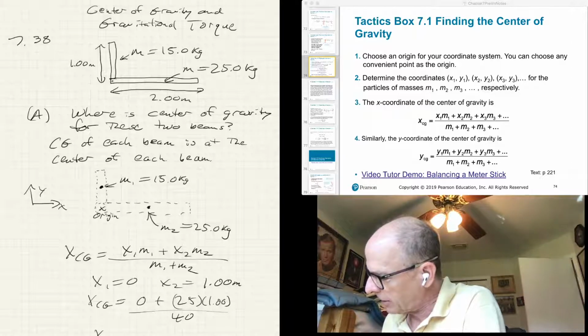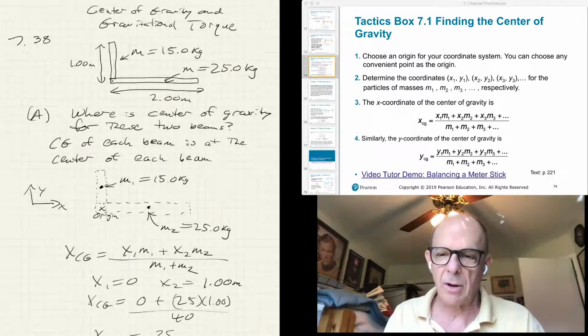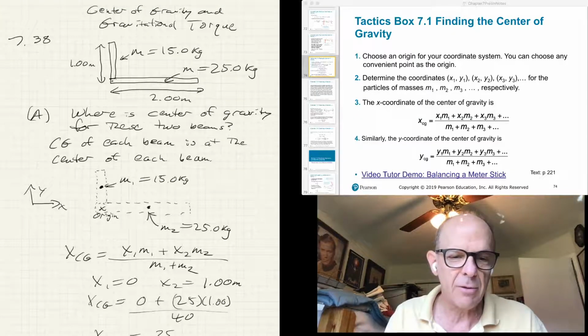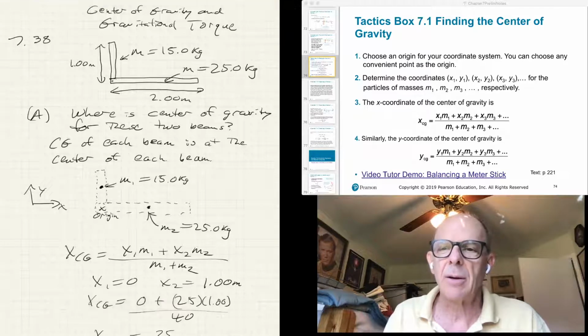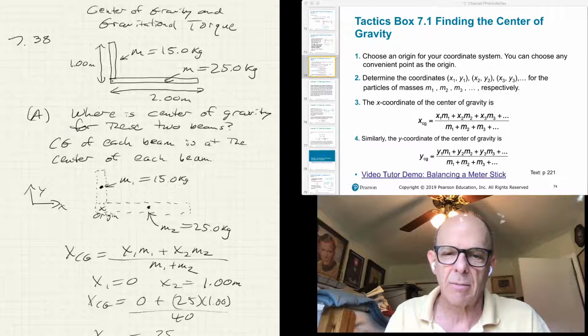So that gives me x_cg equals 25 over 40, which I should have been able to do in my head, but give me 1 second. I think that's about 0.6.